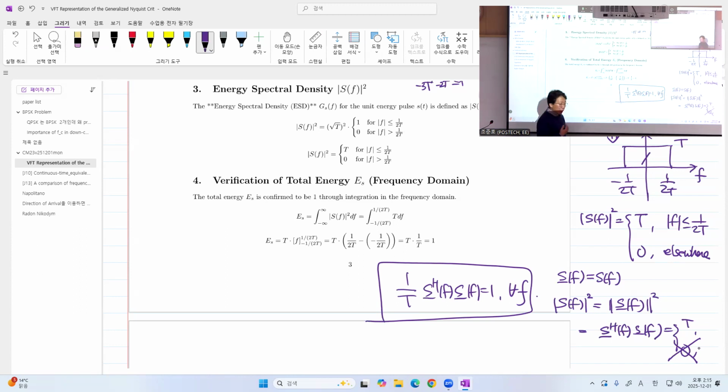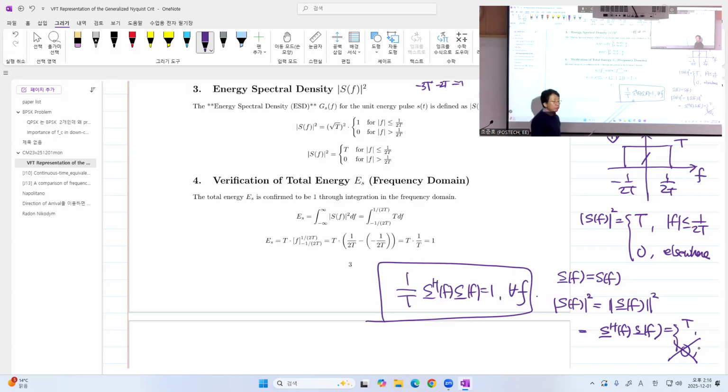But using 1 over T appears in many cases. In deriving the folded spectrum, in sampling a deterministic signal and finding the energy spectrum, or deriving the power spectral density.